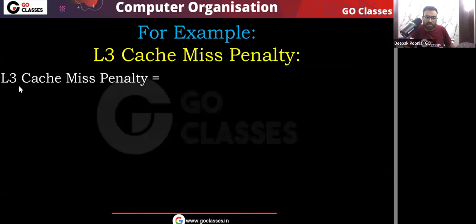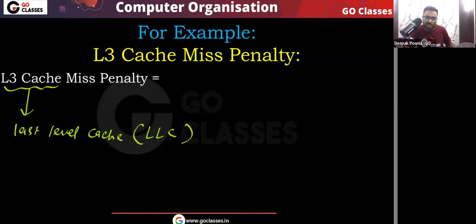Agree with me? So you can see, because this L3 cache is the last level cache, or I can say this is LLC, last level cache. For the last level cache, the miss penalty is the same as main memory access time.